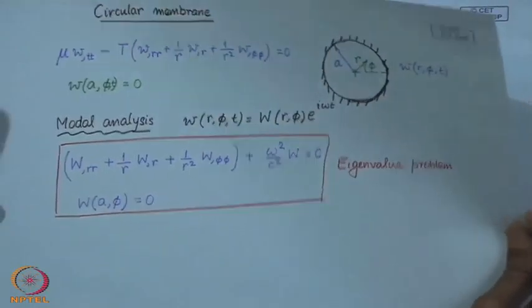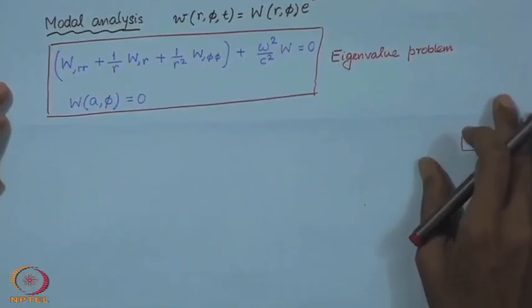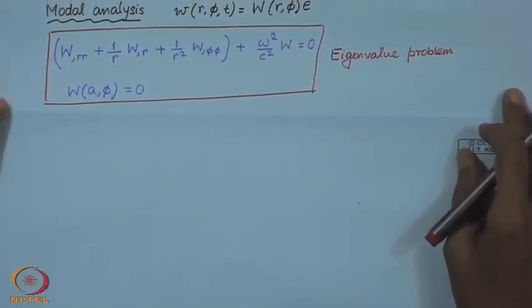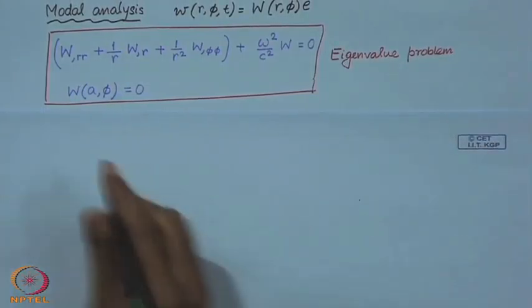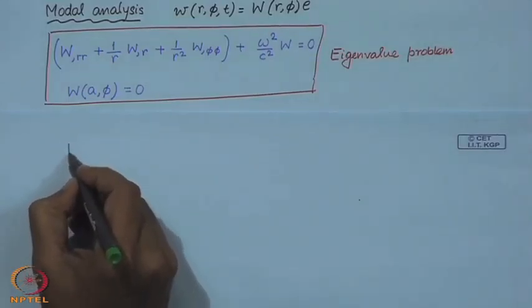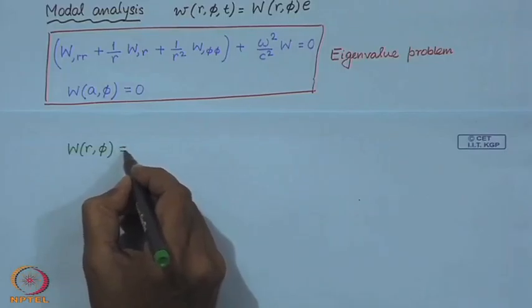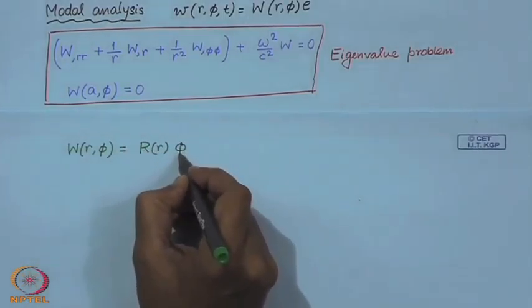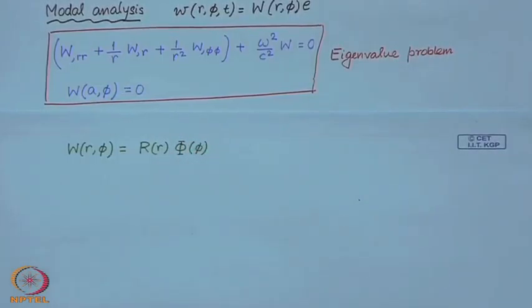So, we search for separable solutions. Once again, as we did for the rectangular membrane, we look for solutions which are separable in r and phi.